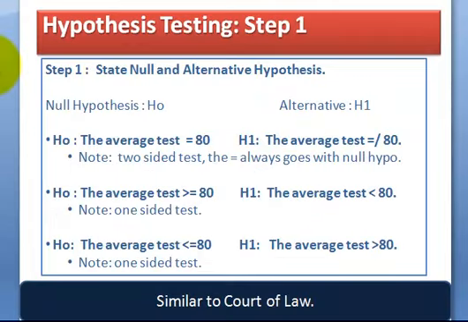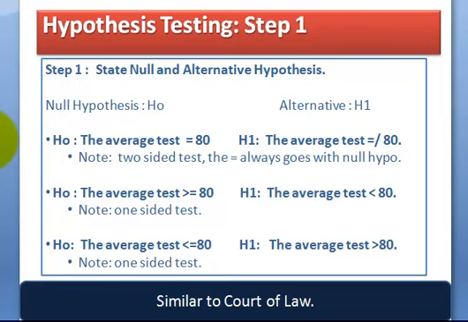So step 1 is to state the null hypothesis and the alternative hypothesis. Now we have 3 options on this. Let's say we had a test or a class, and historically, my classes had scored an average test score of 80, and I wanted to prove that this was a very unusual class.